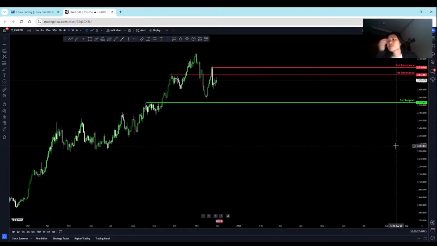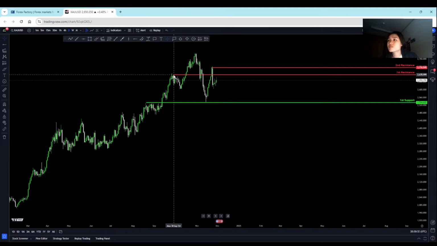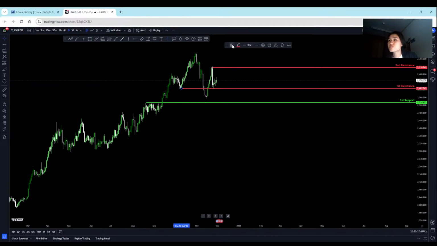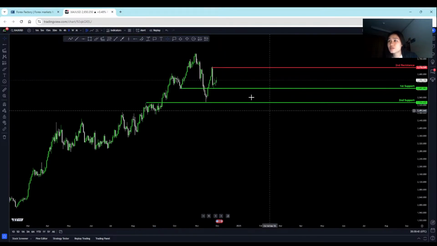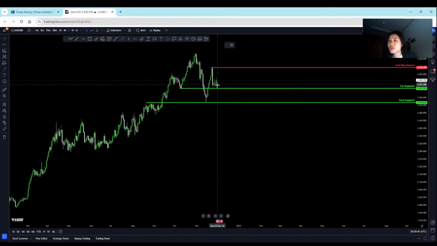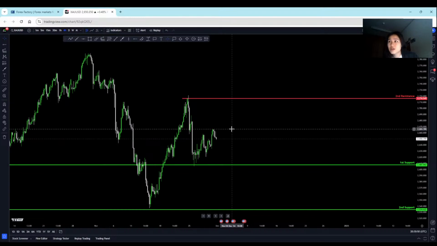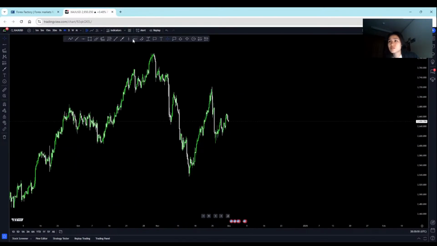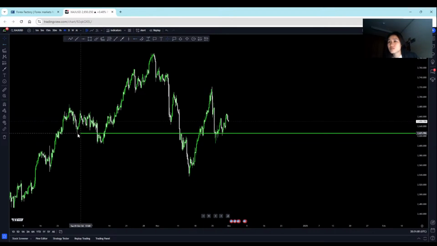Okay, actually, I think I'm going to place this as my first support instead, and second support here. Overall, it looks like prices are moving upwards, but let's look at our 4-hour time frame.